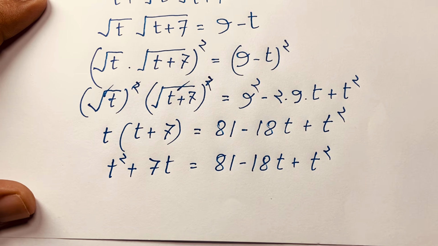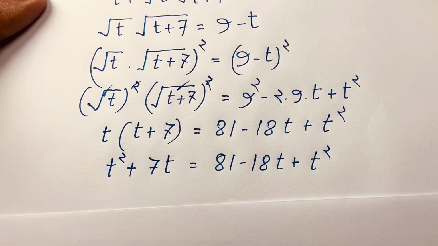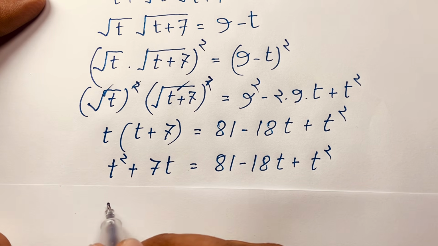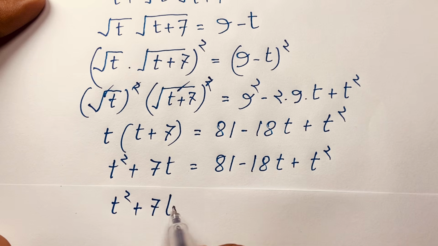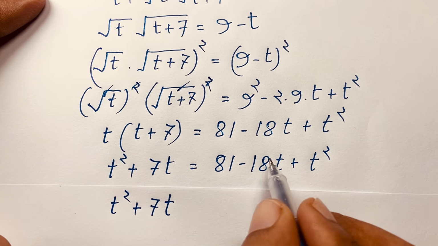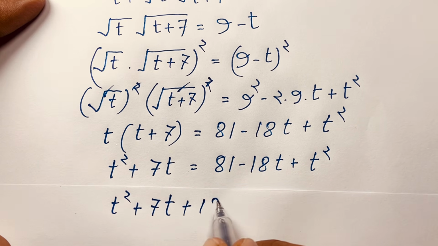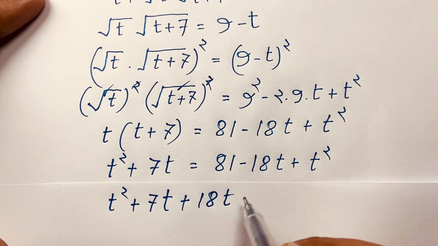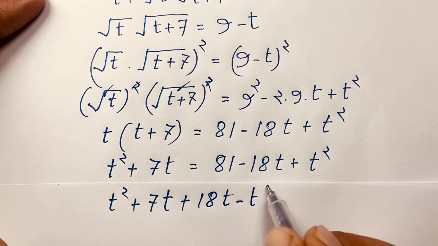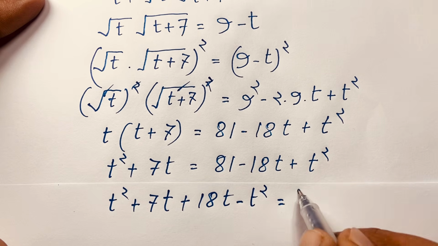Then you can see that here t squared plus 7t, and if I move this negative 18t to this side, it will be positive 18t. If I move this t square to this side, it will be negative t to the power 2, is equal to 81.